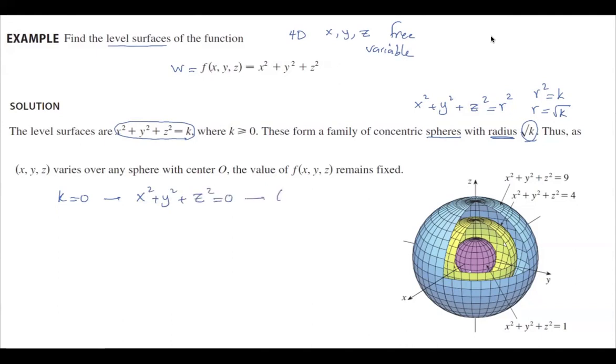The only point satisfying this relation is 0, 0, 0, which is basically the center, or in this case, the origin. When k is equal to 1, well, you have a unit sphere, which is this sphere here. Remember, we call this guy unit sphere.